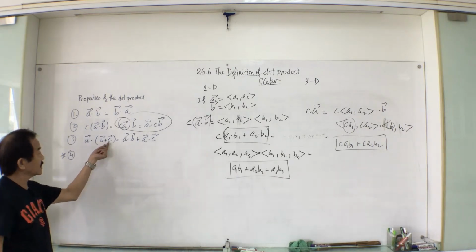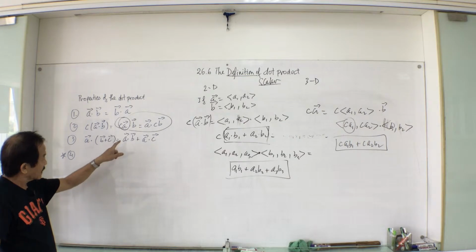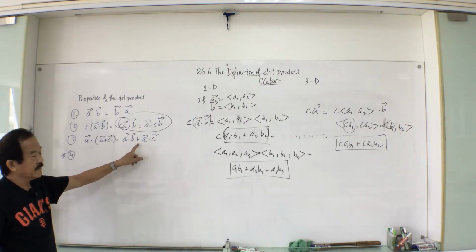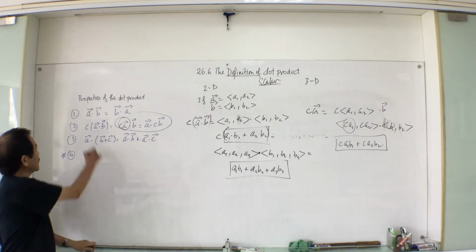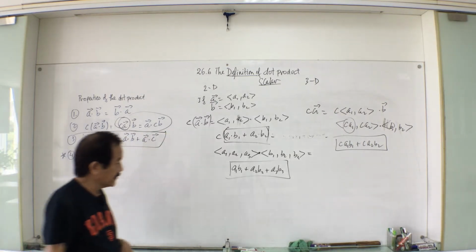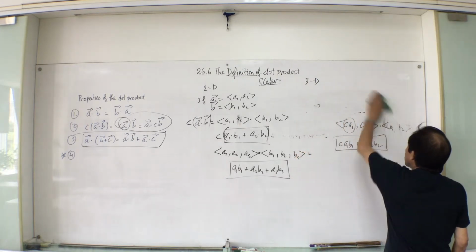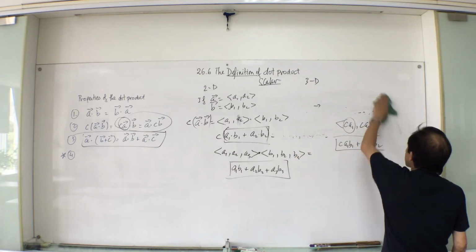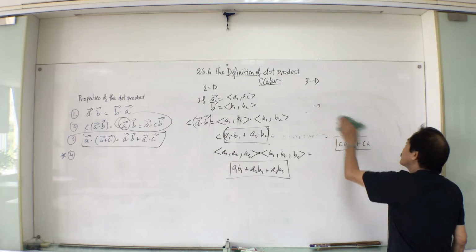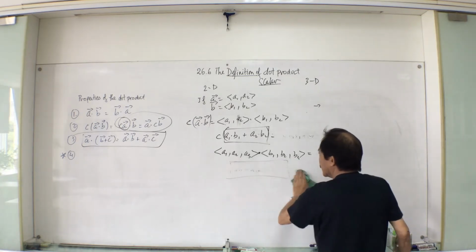You add two vectors, you still have a vector, and you dot with A; instead of that you take A dot B, then add A dot C. I leave this for you to verify. Just take a piece of paper to verify all of them. The benefit is that when you verify things, you remember and understand deeper than when you just remember the formula. So always check.